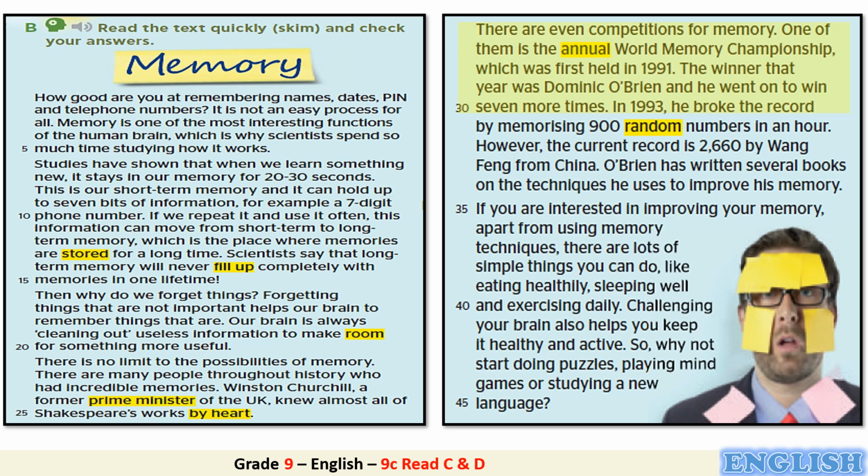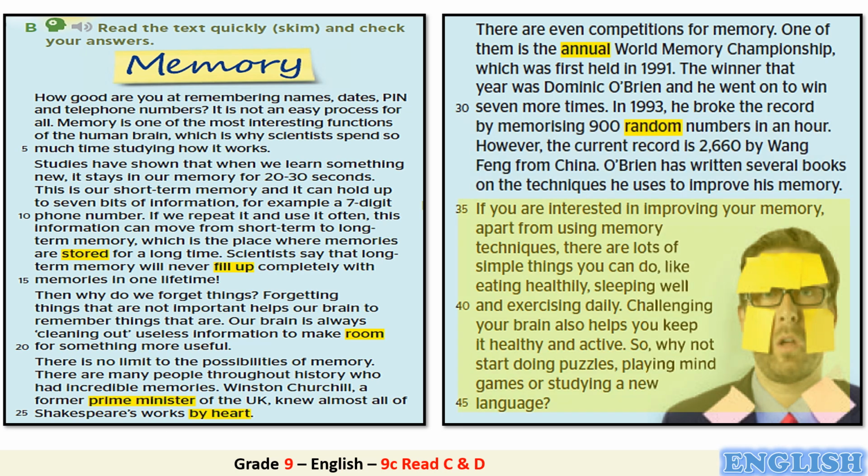In 1993, he broke the record by memorizing 900 random numbers in an hour. However, the current record is 2,660 by Wang Feng from China. O'Brien has written several books on the techniques he uses to improve his memory.